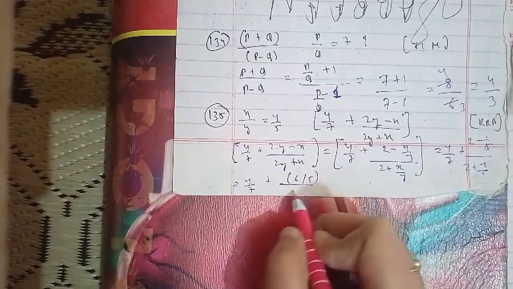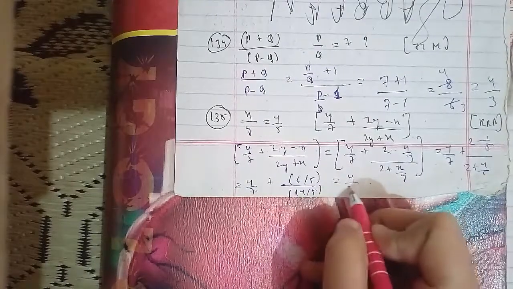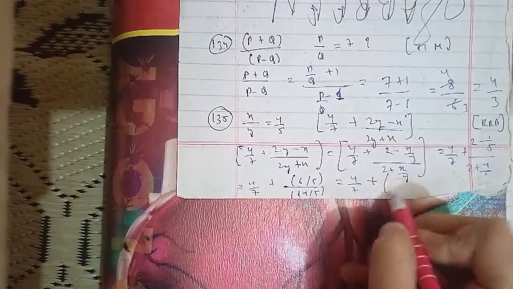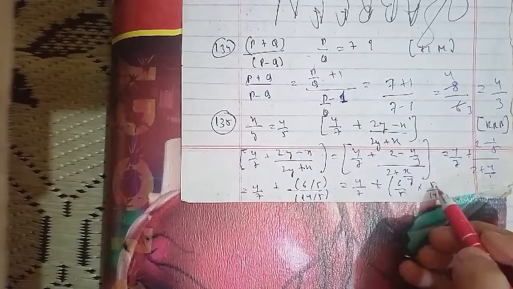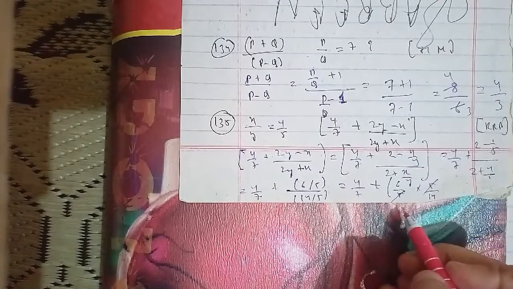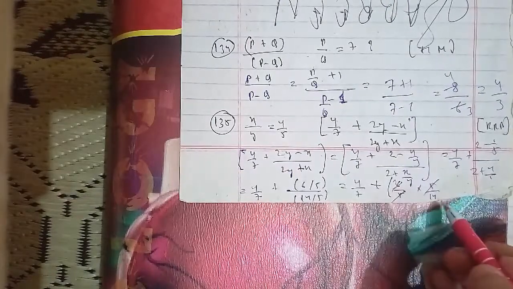So we get 4 upon 7 plus 3 upon 7, that is 7 upon 7 equals 1. The answer will be 1 for this.